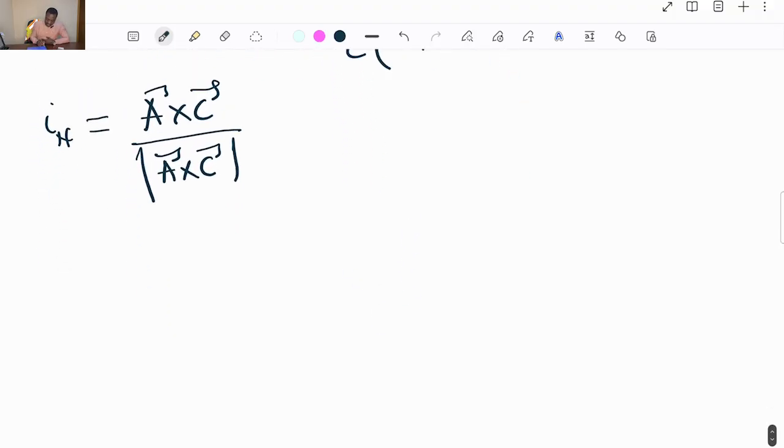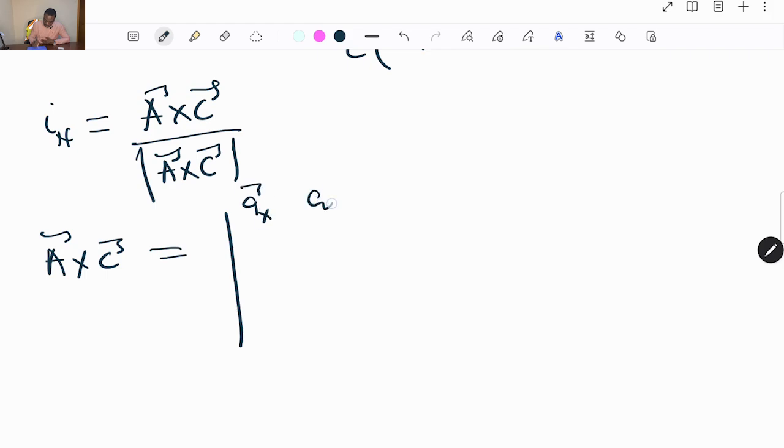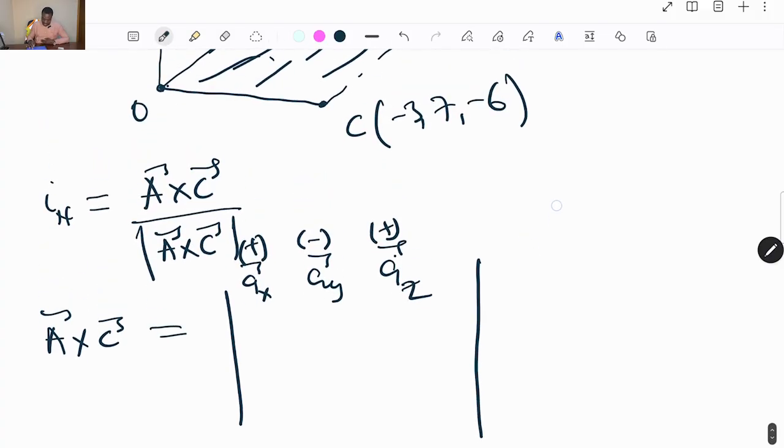Now let's get the cross product of vector A and vector C. We put plus here, minus here, plus here. Now we put the coordinates.